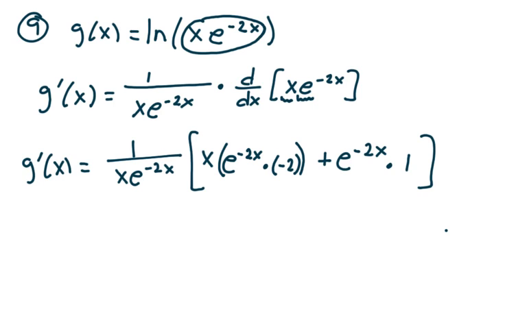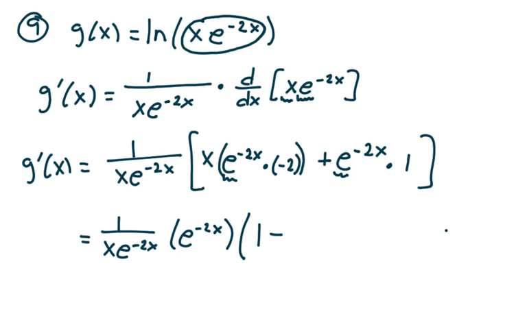And then what I'm going to do is factor out an e to the negative 2x. So I get 1 over x, e to the negative 2x, times e to the negative 2x. Notice the e to the negative 2x is common to both, and I'm going to multiply by 1 minus 2x.